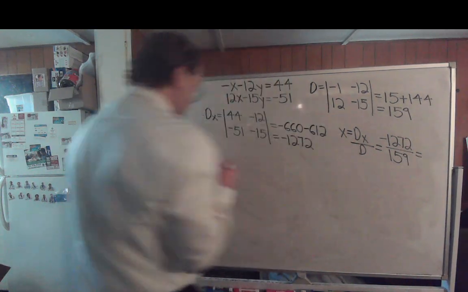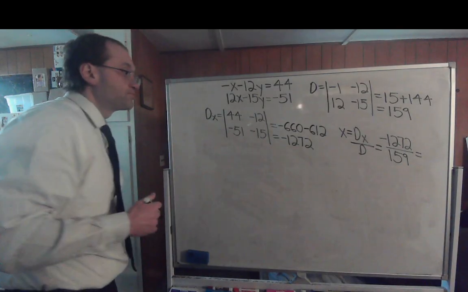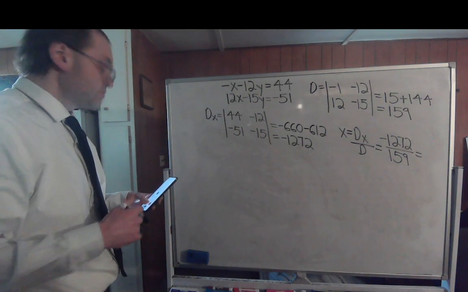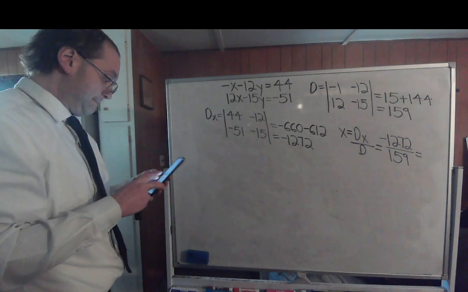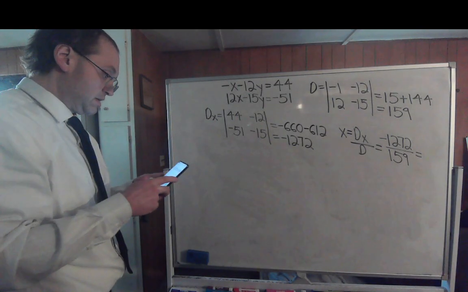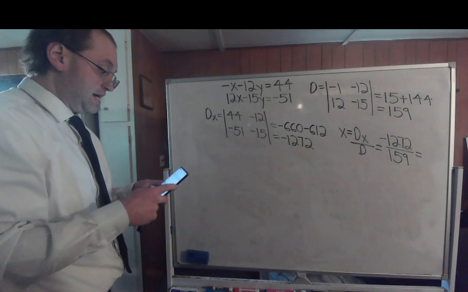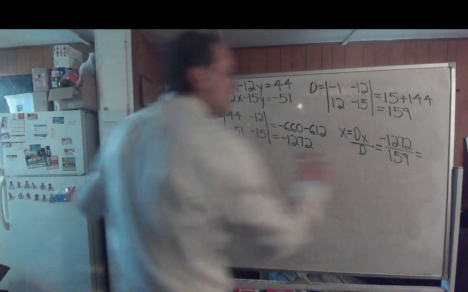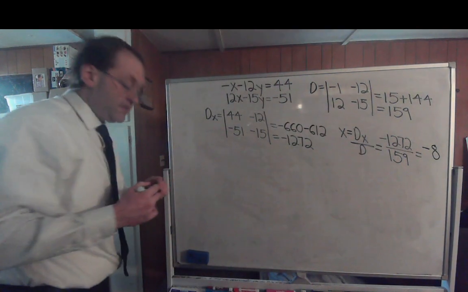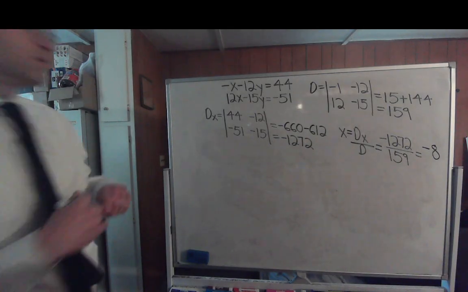So let's figure out what the heck that is. Yep, that would end up being negative 8. So you get an x value of negative 8. So we found x, now we need to deal with finding y.